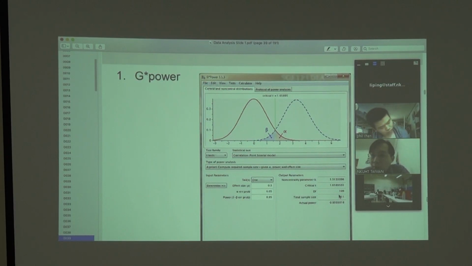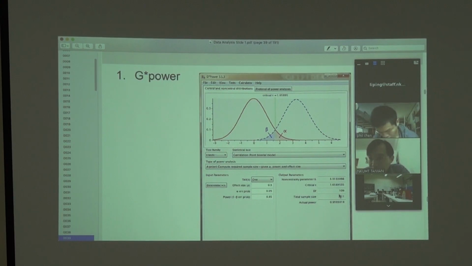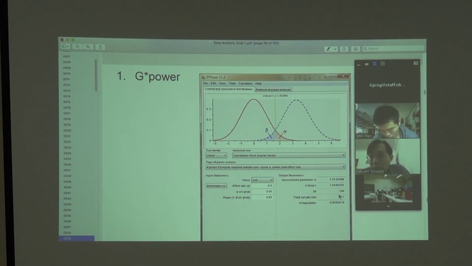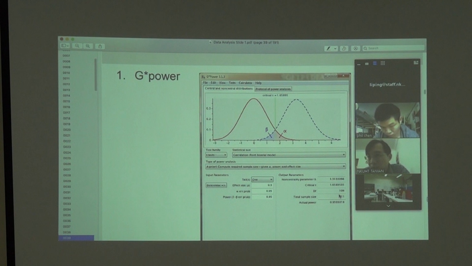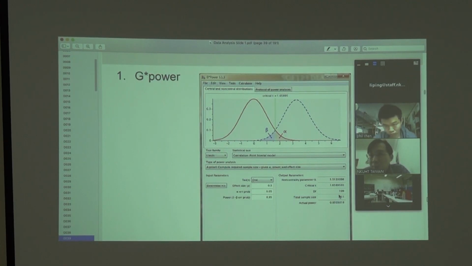You only collect 120. 120 is more than 80. You thought you are safe. But because of unobserved heterogeneity, you decide to split your data into male and female. But when you split your data into male and female, male 70, female 50. In that case, you fail to fulfill the minimum sample size of 80.